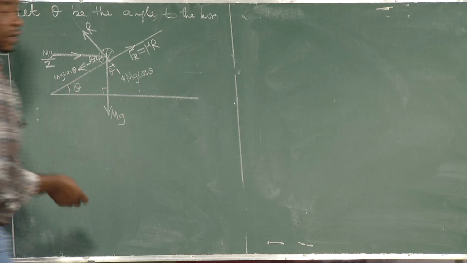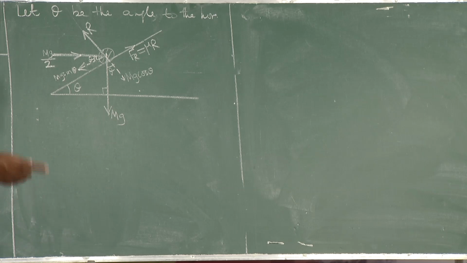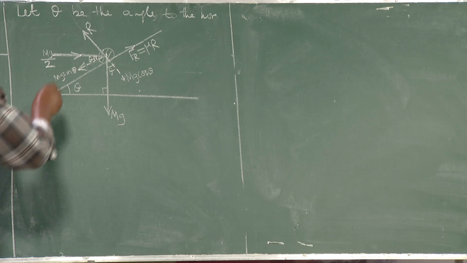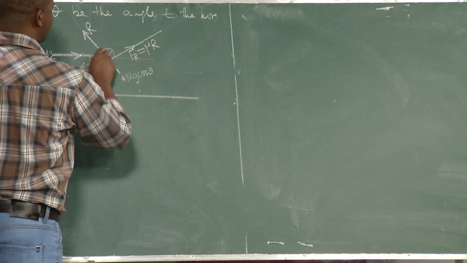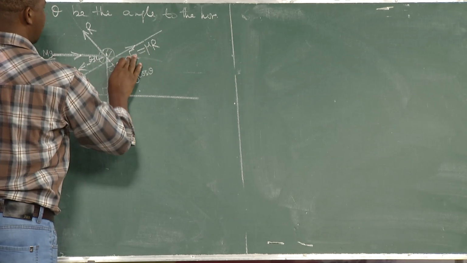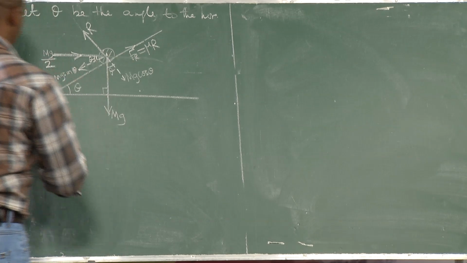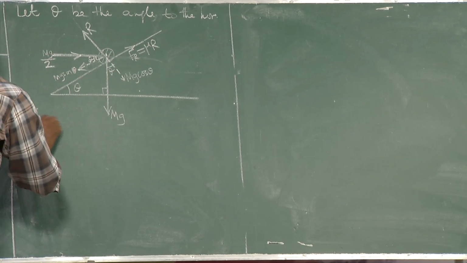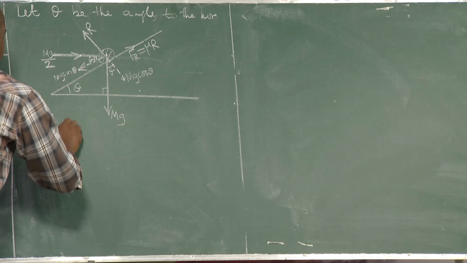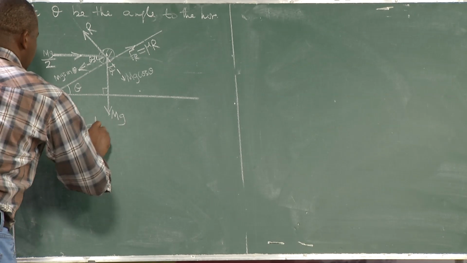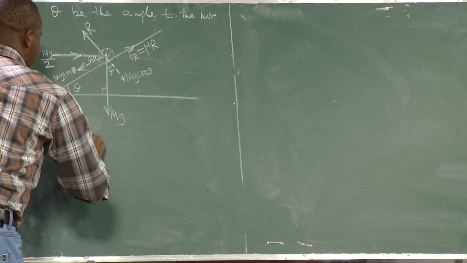So we shall still resolve. That's why I said that these things are supposed to be easy. This force could be taken to go through as per the previous example. And we are going to resolve both normally and along the plane.